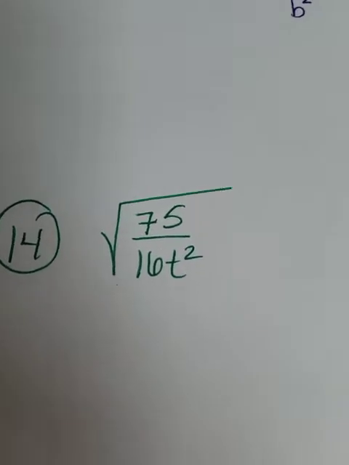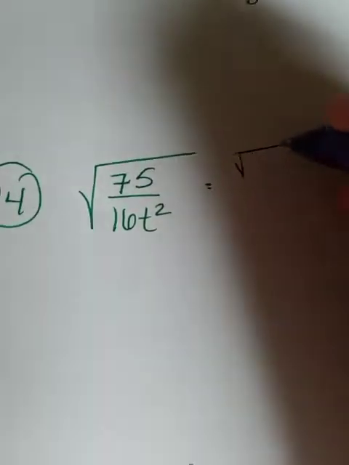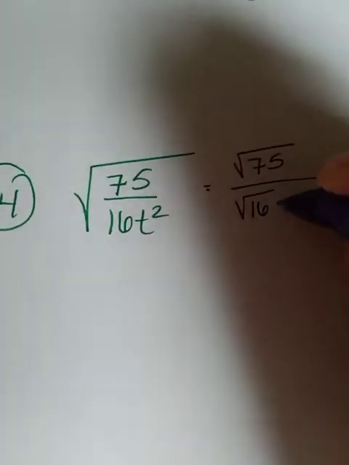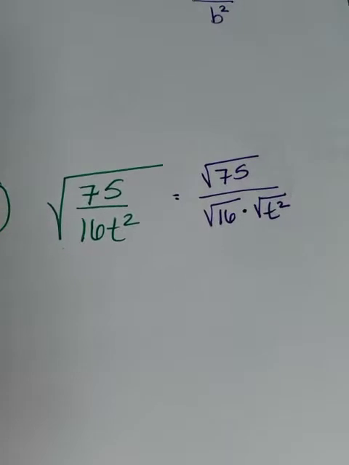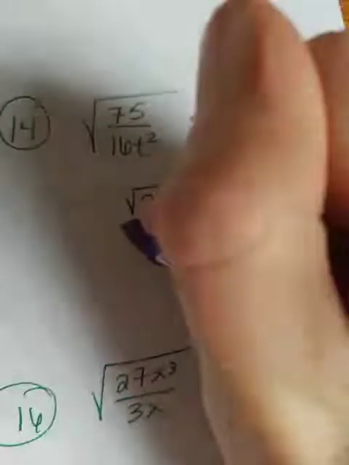Over here, same deal. I'm going to think of this as root 75 over square root of 16 times square root of t squared. I don't have to rewrite the t squared because 2 is even. So 75, that's 25 times 3. And then I can do the others right now.